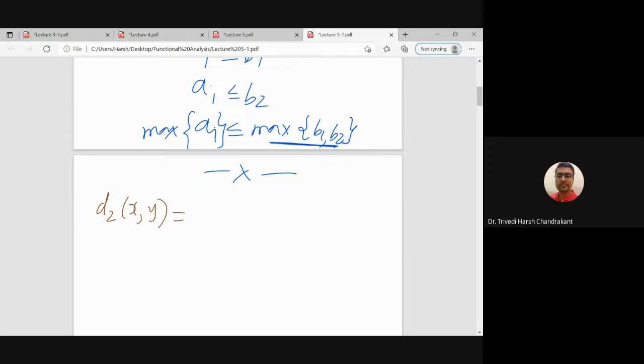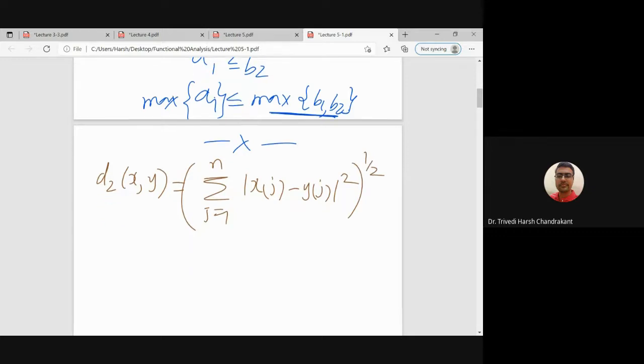What is this distance formula? This is the Euclidean distance. So it is the square root of summation of xj minus yj square. Now this quantity is less than or equal to the summation.